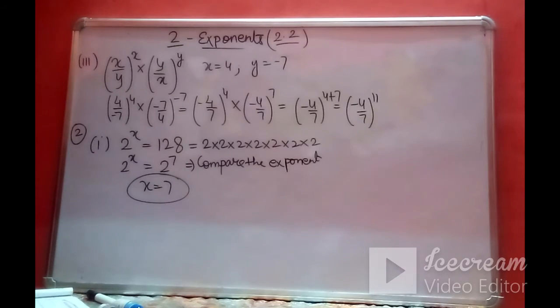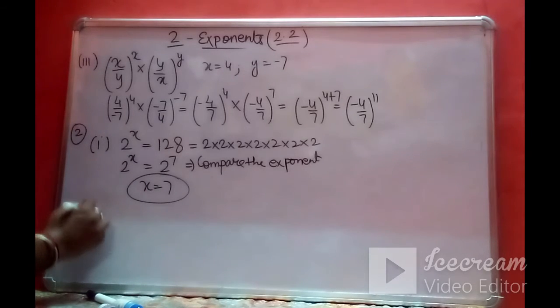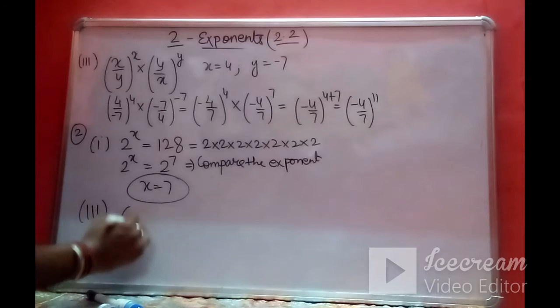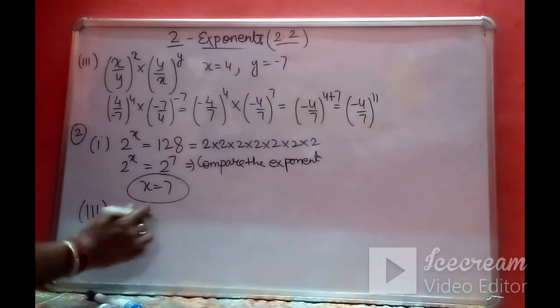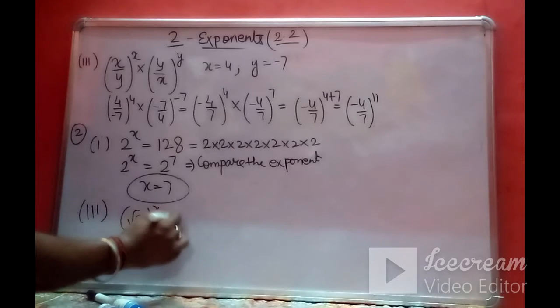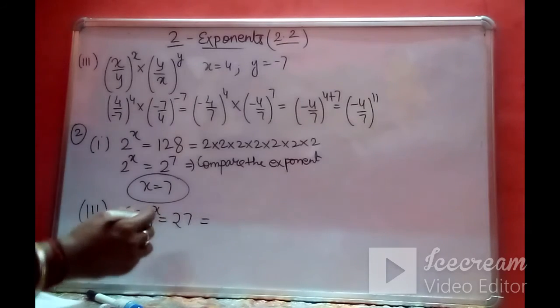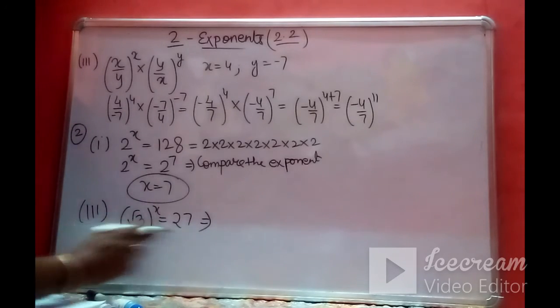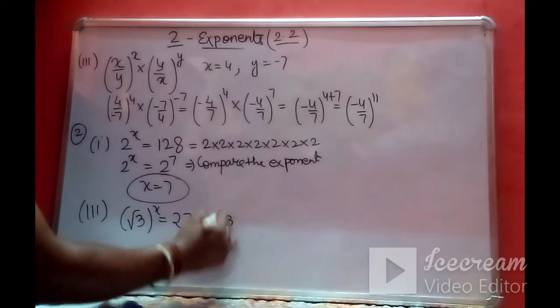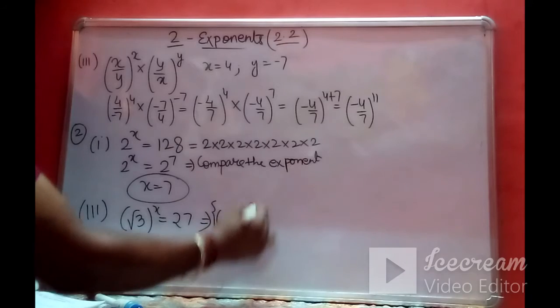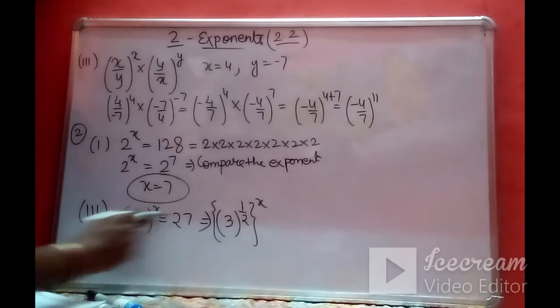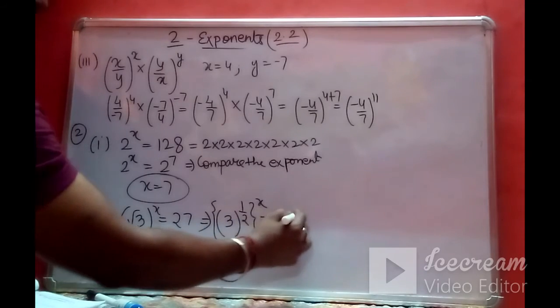Then suppose we have to solve a question like this: root 3 to the power x equal to 27. Now see this root 3, as I have told you, root 3 we can write as 3 to the power 1 upon 2, equal to 27.